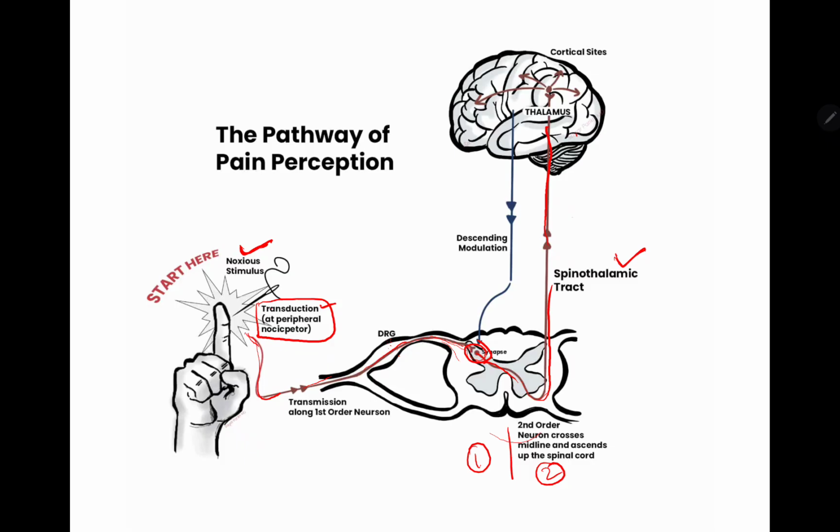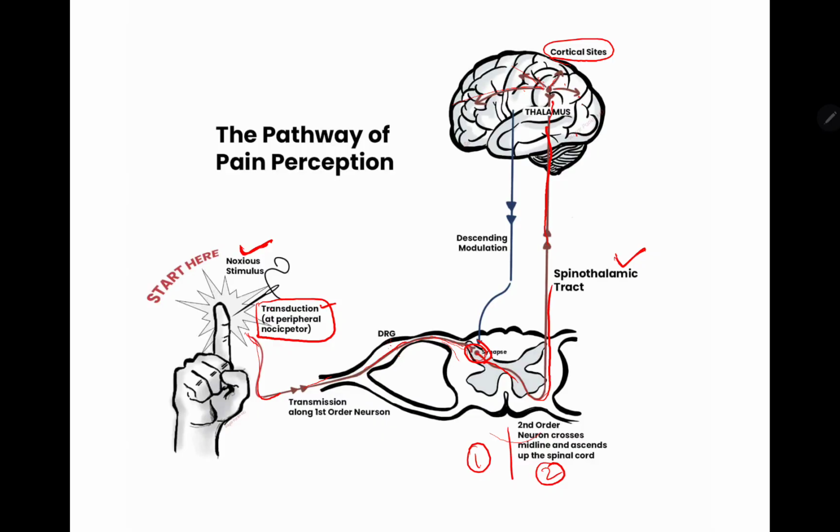After it reaches thalamus, which is the brain's pain relay center, thalamus sorts all the pain and boosts the signal. It will sort, it will boost, it will spread. Now the cortical sites.